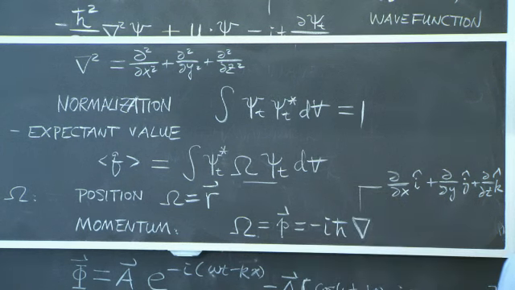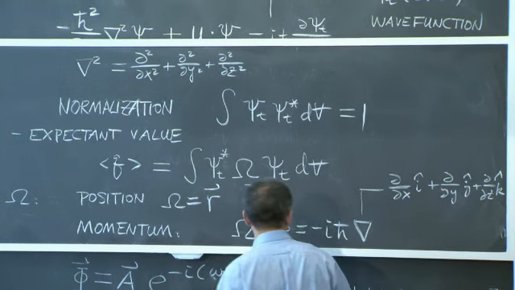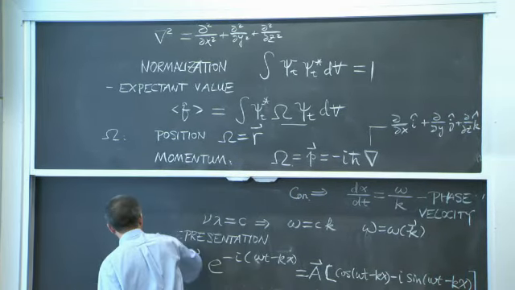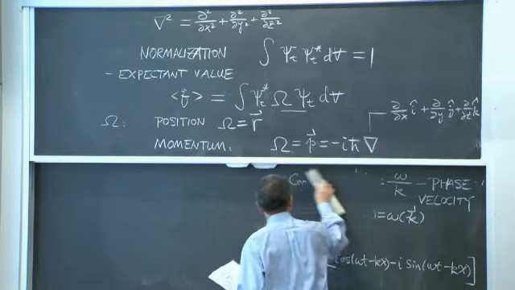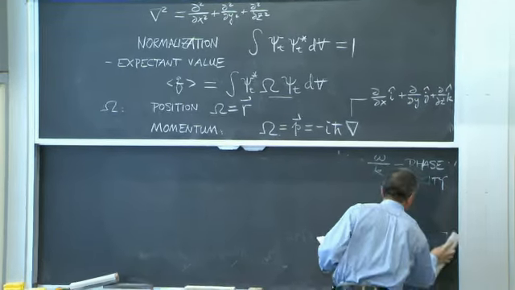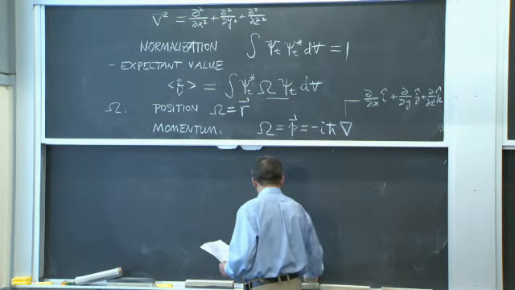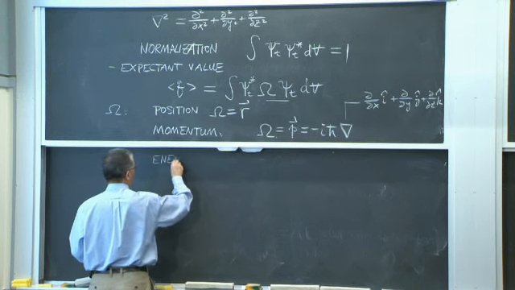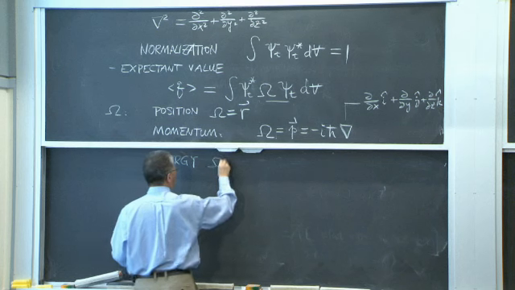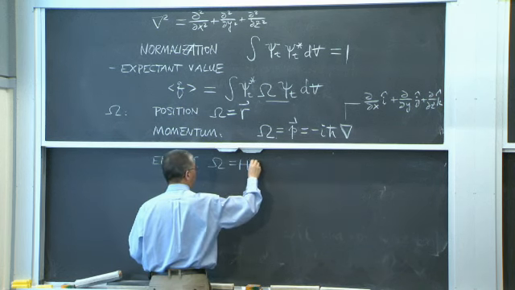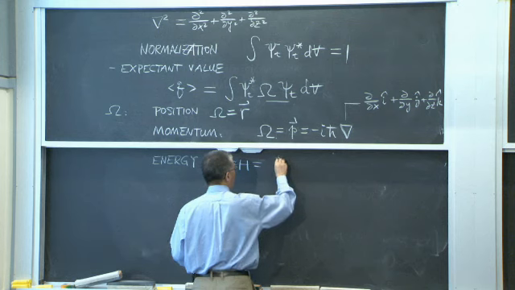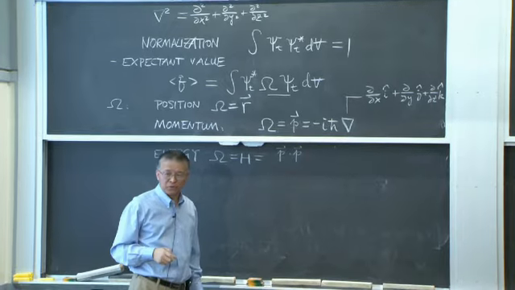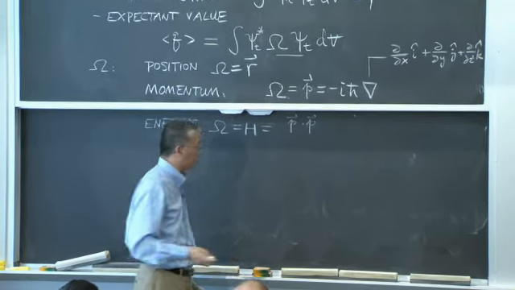Okay? And for energy, that operator is the Hamiltonian, and you can actually think about the momentum. So it's the kinetic energy plus the potential energy.